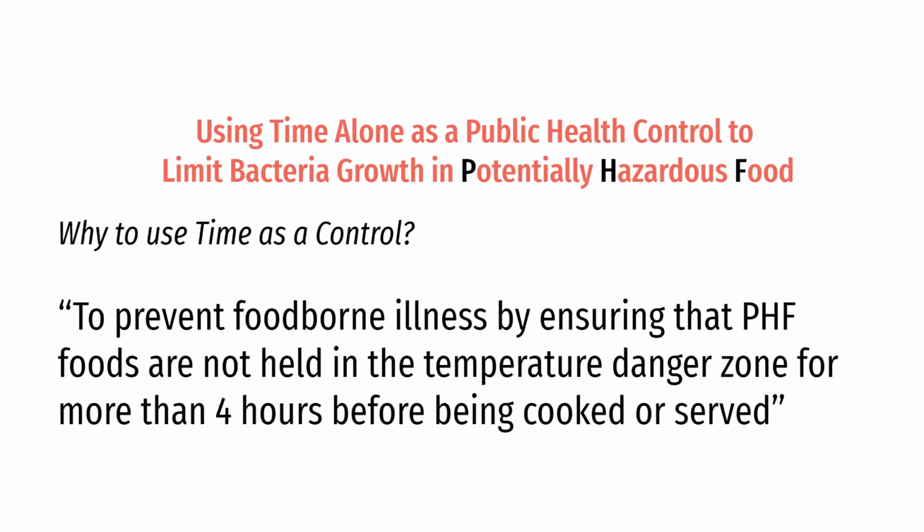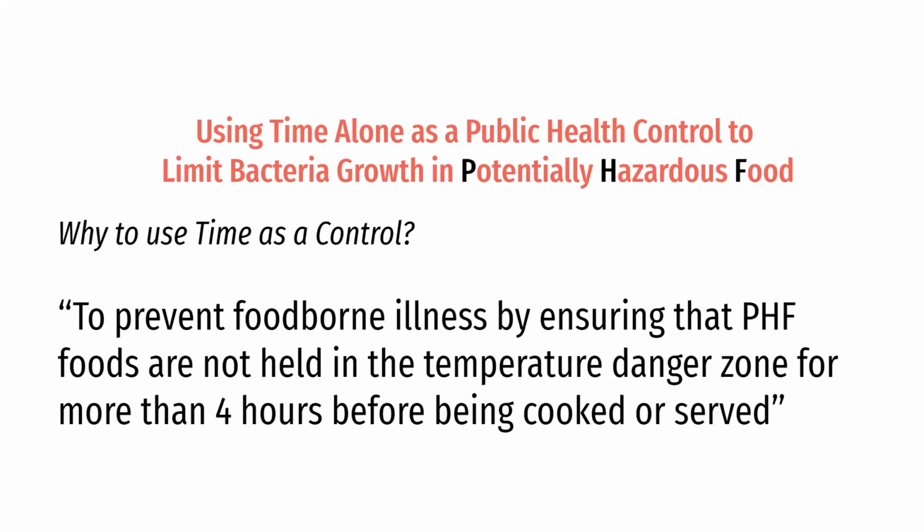Why use time as a control? The same as time and temperature control, time alone as a control is used to prevent foodborne illness. Hot and cold holding temperatures are extremely effective ways to limit the growth of bacteria.